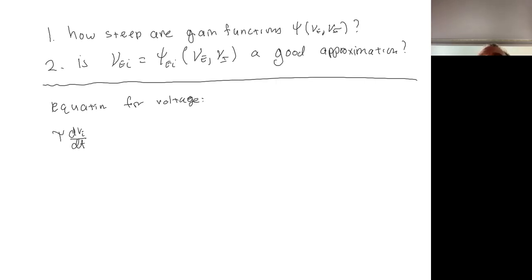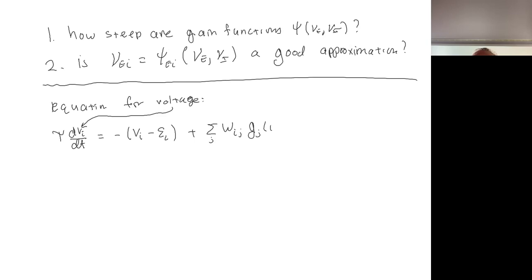V is now voltage. When I write it, it's hard to tell the difference between voltage and firing rate, but it should be clear from context.